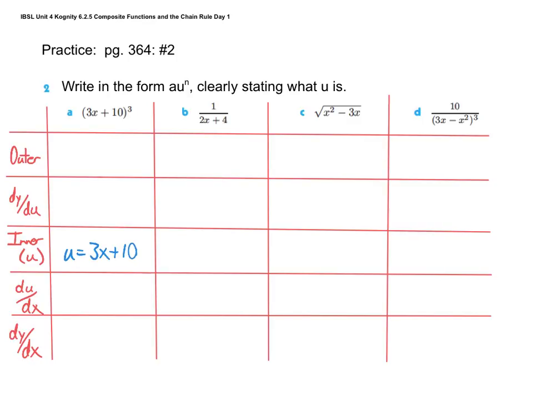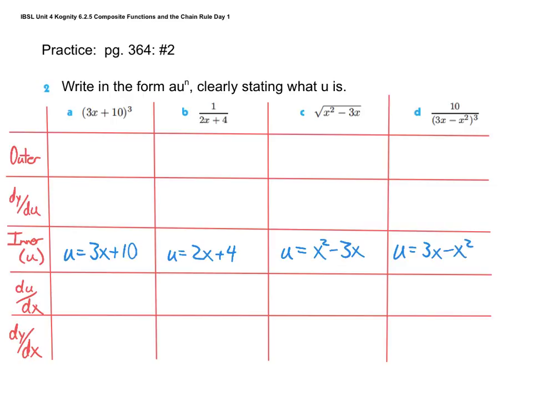Okay, that's the inner function. How about on B? 2x plus 4. Good. And on C? X squared minus 3x. Good. And D? 3x minus x squared. Yeah, 3x minus x squared.